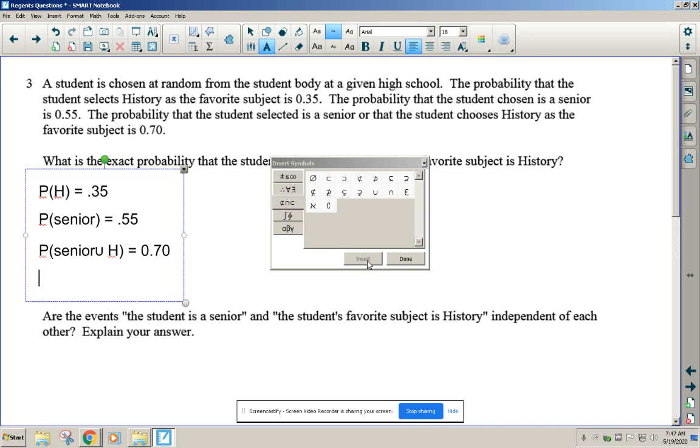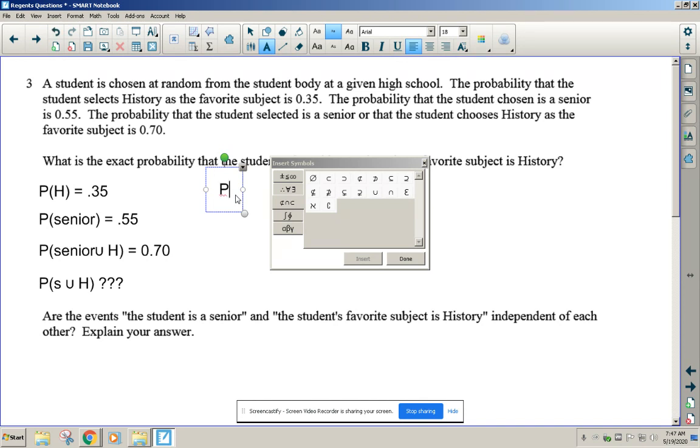So again, I'm just going to write down the probability that the person selected is a senior and their favorite subject is history. I have to find. So let's go over here and let's start with that formula from the other page, which is my or.